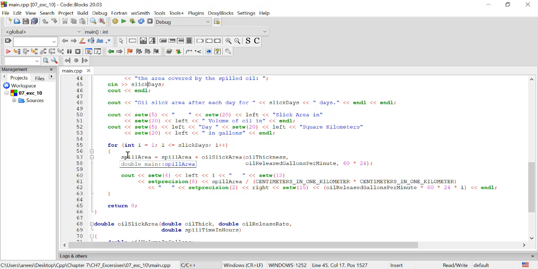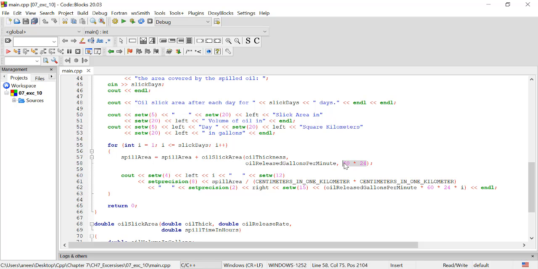Now this loop will calculate the spill area for each individual day. And now, since I'm not exactly working off one variable, like Slick Days, I'm actually working off of constants.